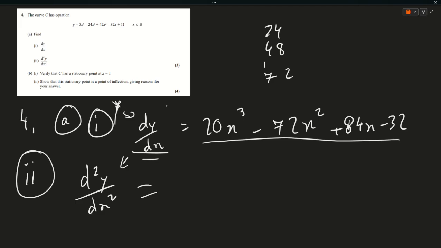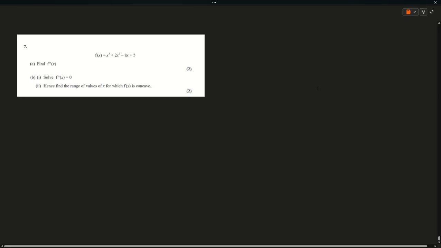So again, you can pause the video and give this a go, but it's 60x squared minus 144x plus 84. One more example for you to try, and the reason I've selected this one is because we're again switching up the notation slightly.